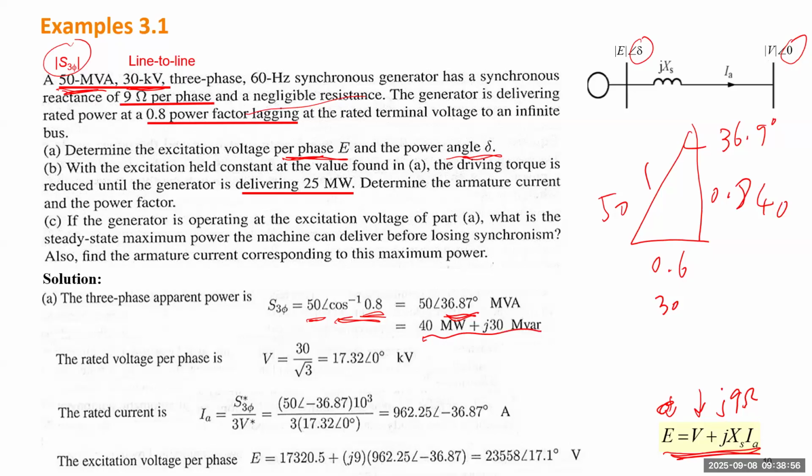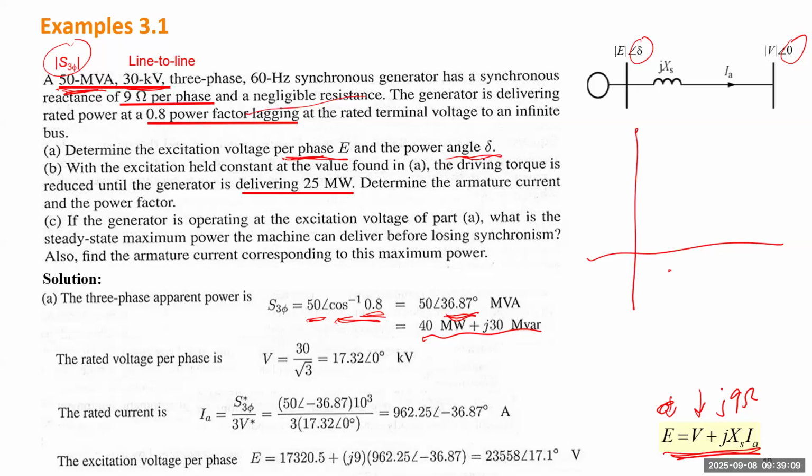Maybe I need to draw the triangle in this way. If this is the complex plane, this angle is the power factor angle, right? If this is 50, this is 40 and here is 30.